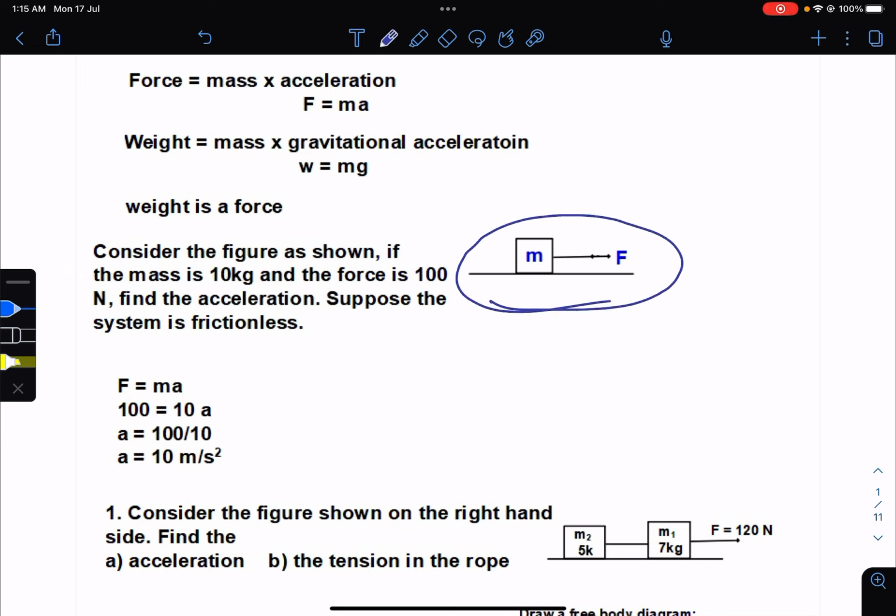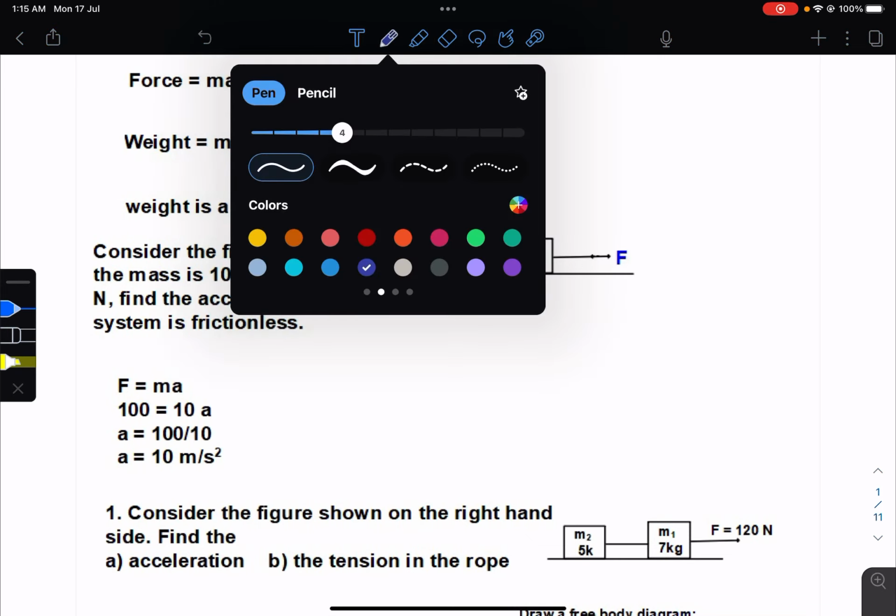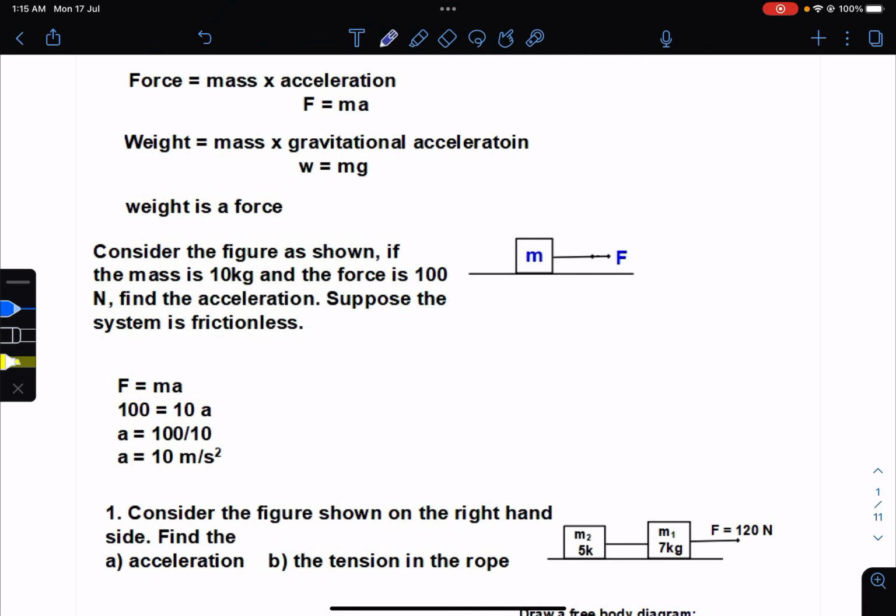Of course, this figure. If the mass is 10 kg and the force is 100 Newton, find the acceleration. Suppose the system is frictionless. So there is no friction in this system.